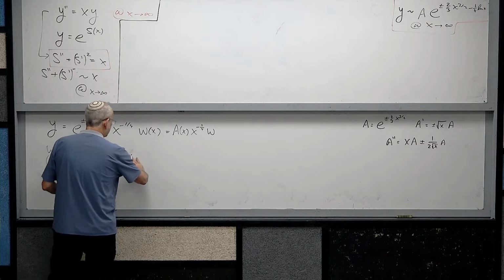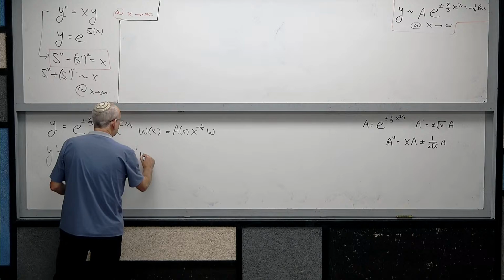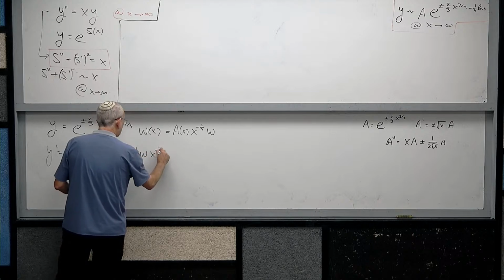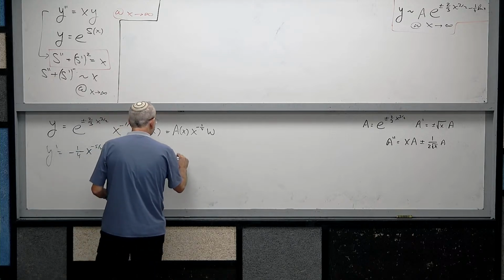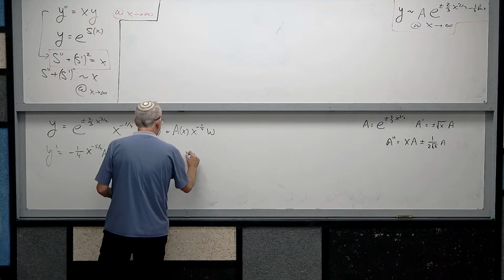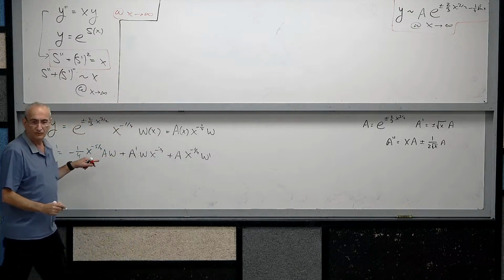Now what is A prime? We don't need A prime. W x to the minus 1/4 plus A times x to the minus 1/4 times W prime. You agree with me?